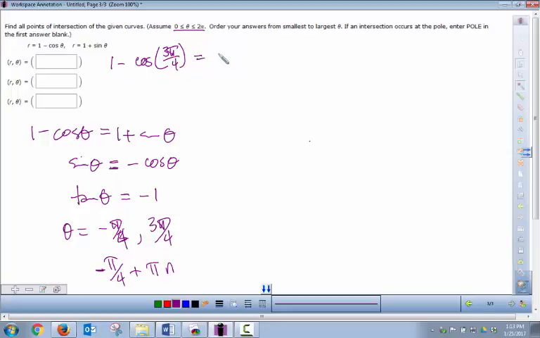So this is 1 minus negative root 2 over 2, which is 1 plus root 2 over 2. So this is your r value with a theta value of 3 pi over 4. And then the other one is 7 pi over 4.